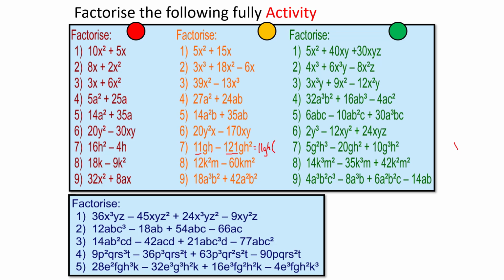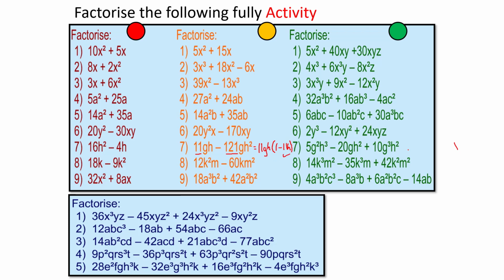So 11GH I need to make, so that's just got to be 1. So 1 times this is going to give us 11GH. Now I need to get minus 121. So 11 times what is minus 121, so it's minus 11. I've got 1g in here already, but I've got to get an h squared, so I just add in this h.